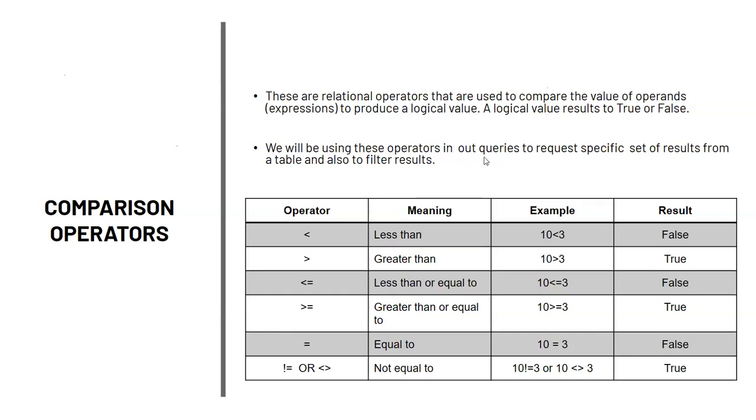This can be quite confusing, but it means the same. You have the exclamation sign and equals, which means not equal to. These two, the greater than and less than signs close to each other, also mean not equal to.